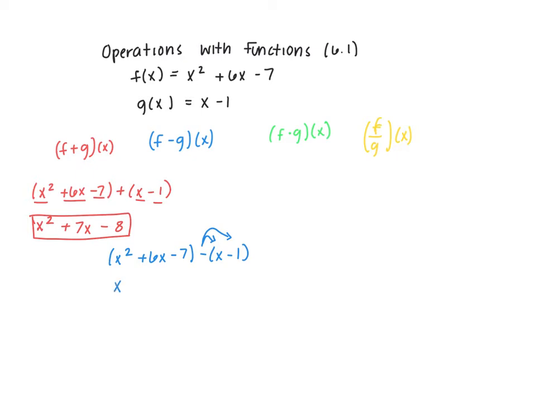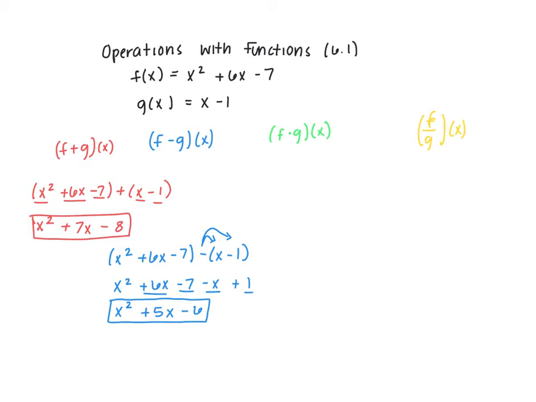So this is going to give us x squared plus 6x minus 7 minus x plus 1 because of that distribution. And now we can combine like terms. Again, only one x squared term, and then we have 6x minus x and minus 7 plus 1. So x squared plus 5x minus 6 is our final answer here.